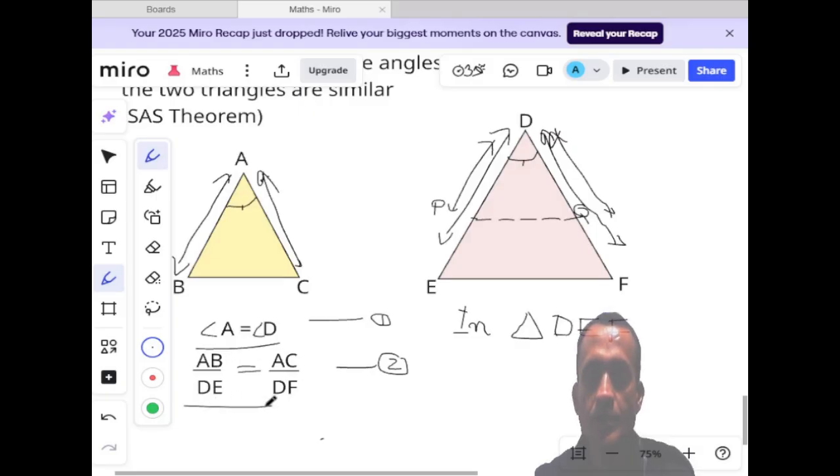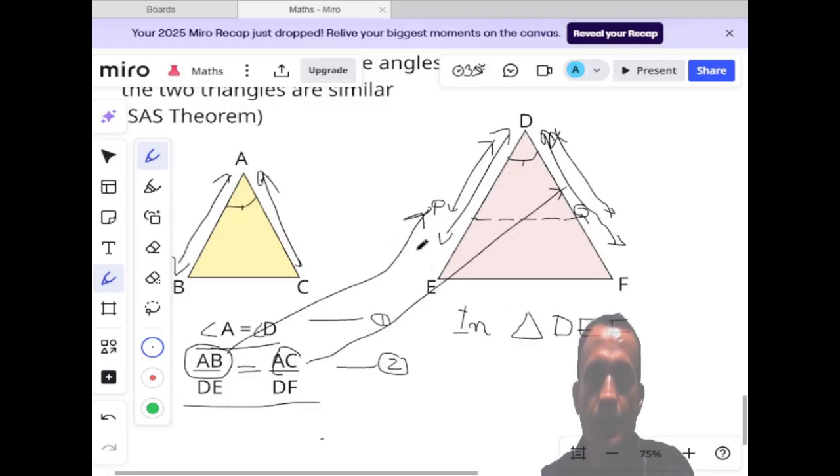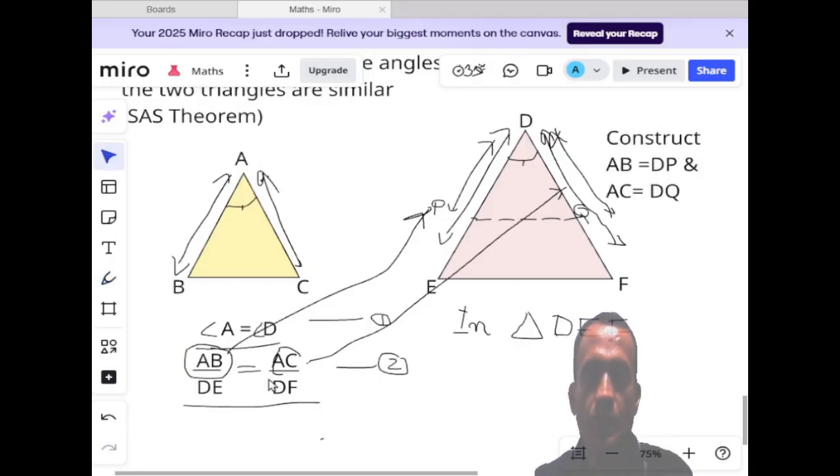So now we'll see. This equation is given, and in this equation we replace AB by DP and we replace AC by DQ, because as per our construction AB is equal to DP and AC is equal to DQ.